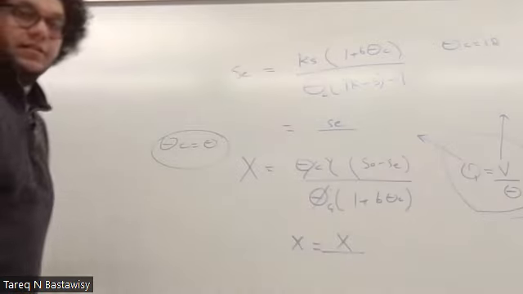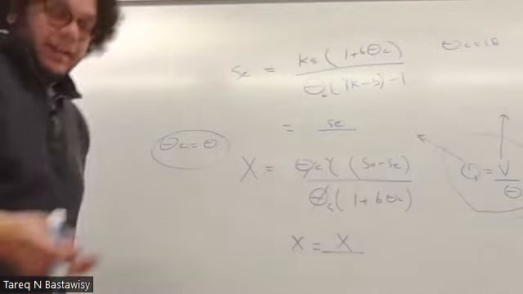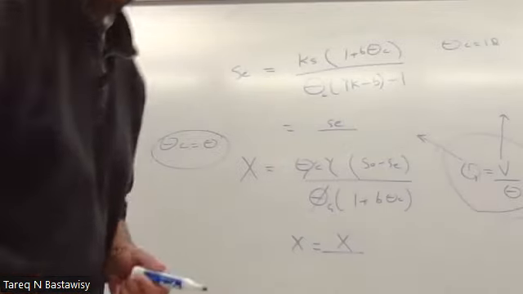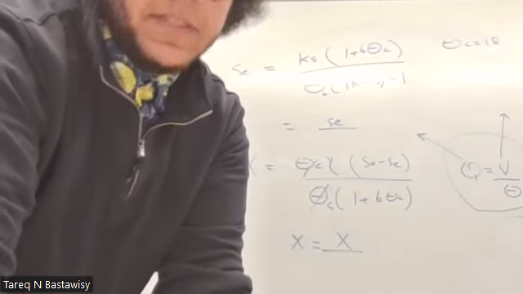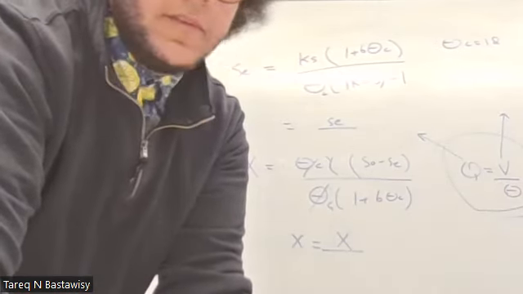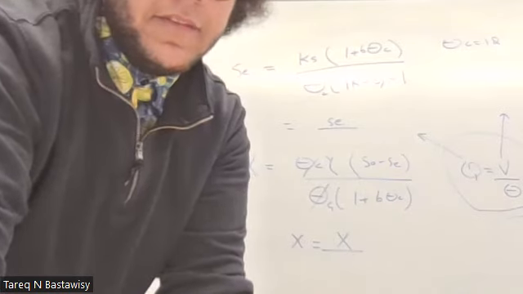All right, so the next thing, the question is telling you to find this thing called the specific utilization, and the food to microorganism ratio, F/M.